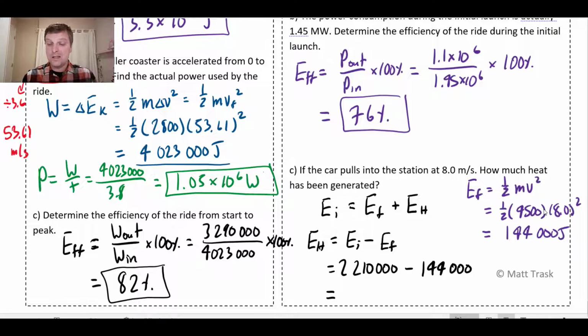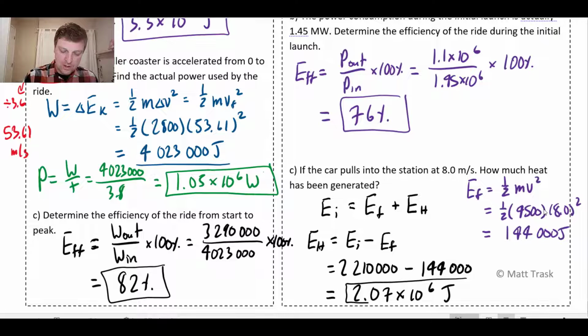What that means is, in terms of wasted energy, it's like 2.07 times 10 to the 6, so 2 million joules was transformed into thermal energy. Okay, that is it for power and efficiency.